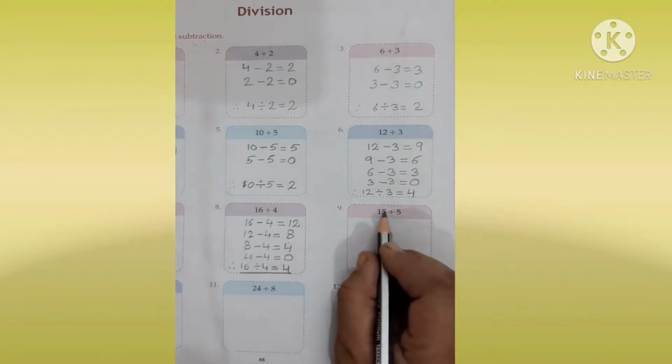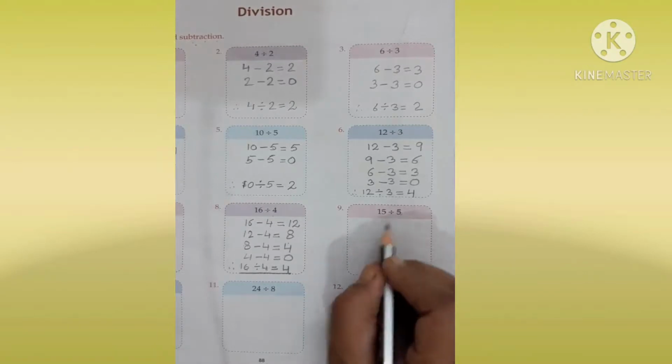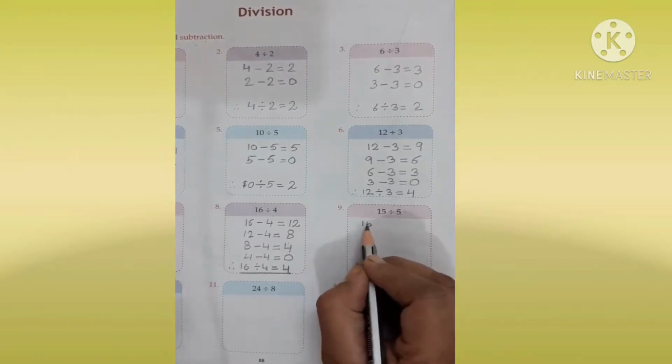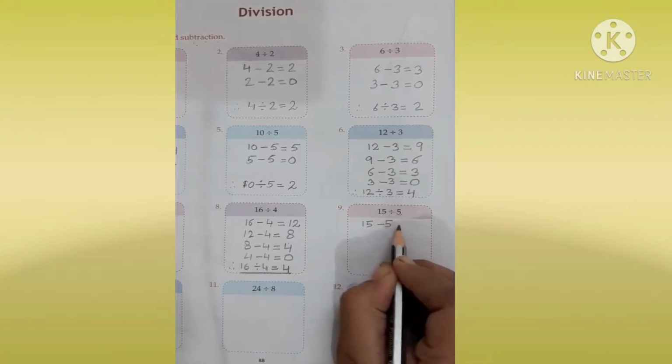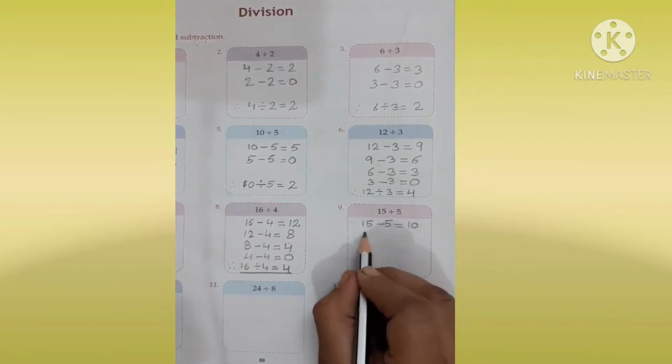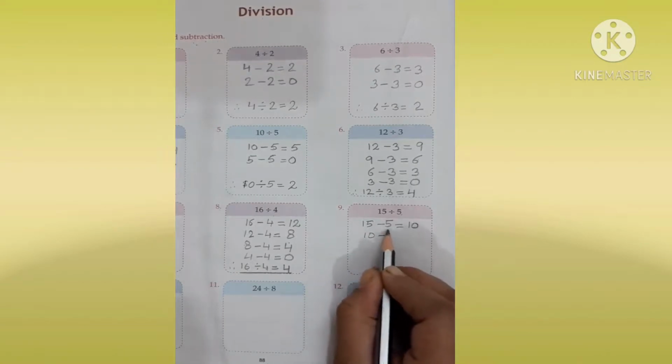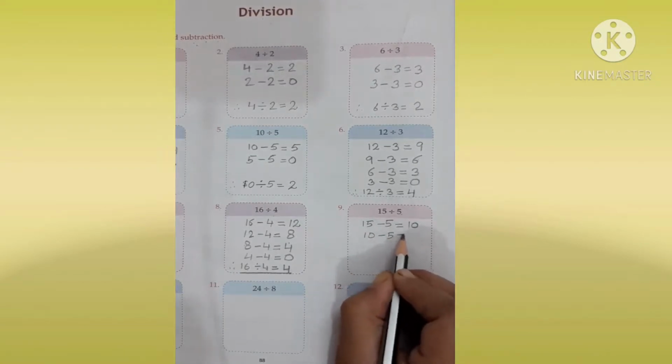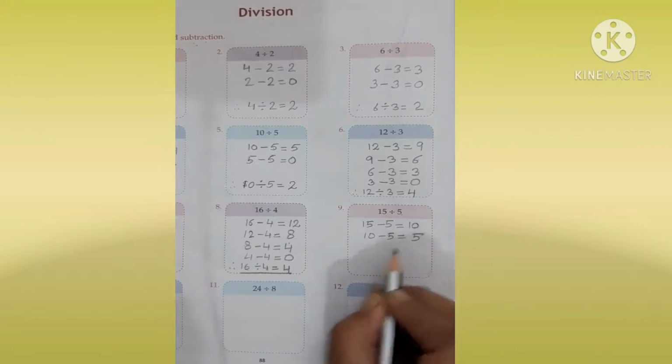9th. 15 divided by 5. 15 minus 5 is equal to 10. Now this 10 right here. 10 minus 5 is equal to 5.